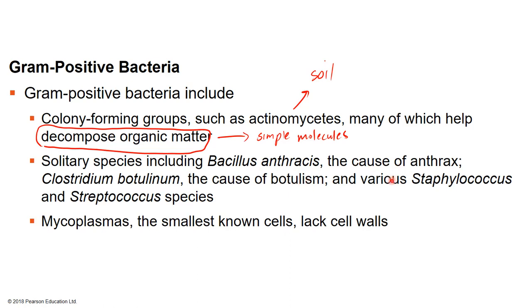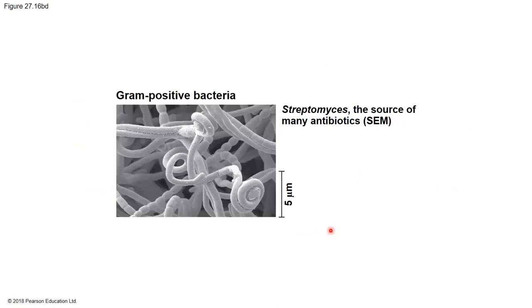And we have other disease-causing gram-positive bacteria, like Staphylococcus aureus and Staphylococcus and Streptococcus species. Members of the gram-positive bacteria also include the mycoplasma, which are the smallest known cells. And these bacterial cells do not have a cell wall like the majority of bacteria.